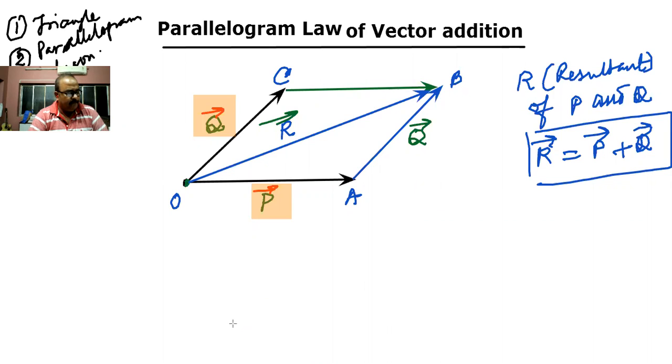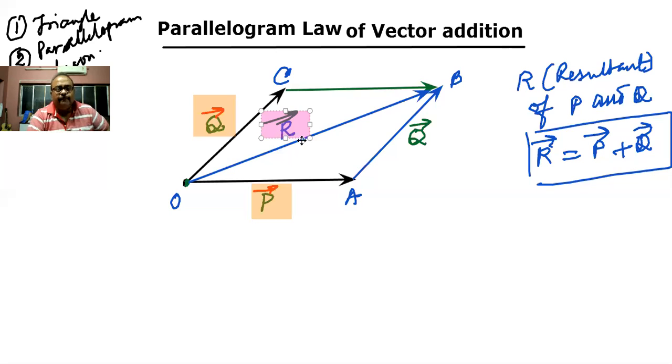Then their resultant is completely represented, both in magnitude and direction, by the diagonal of the parallelogram drawn from that common point.